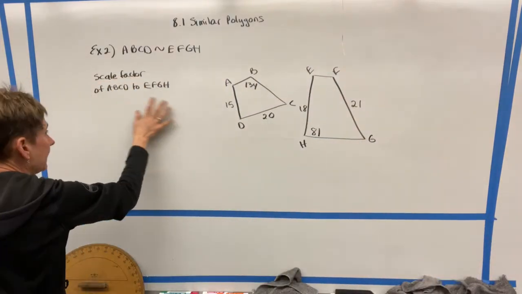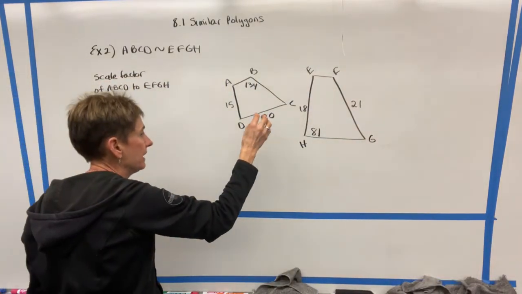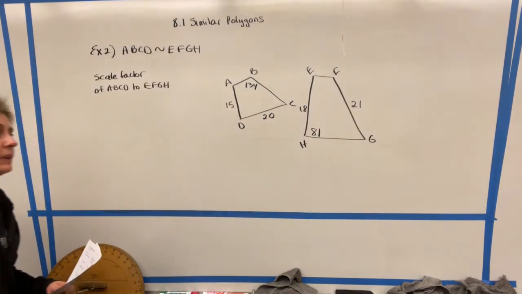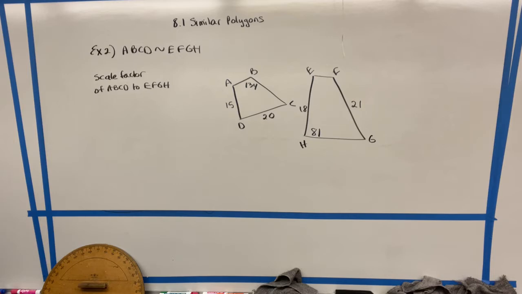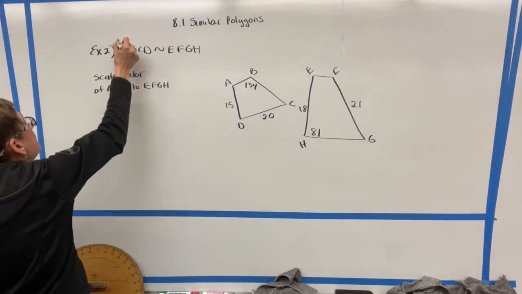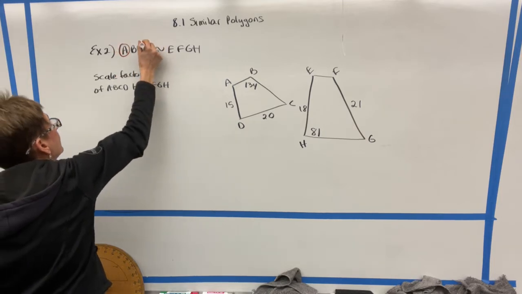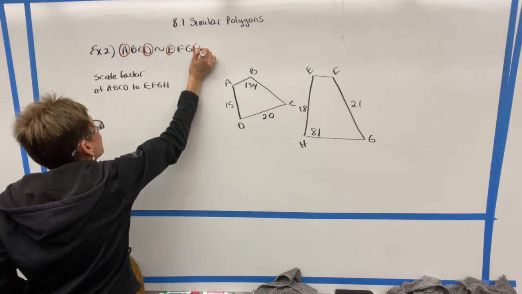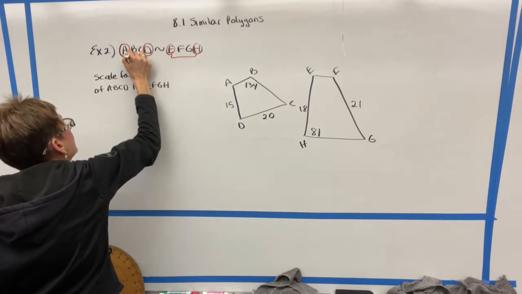This one is stated, and it is from left to right, but they want the scale factor of ABCD to EFGH. So that means left to right. So we need to find two pairs of sides that correspond to each other. Now, if I look here, I can see that A and D are the first and last letters here, and E and H are the first and last letters here.